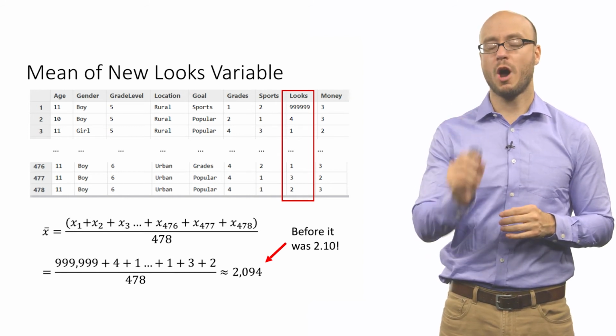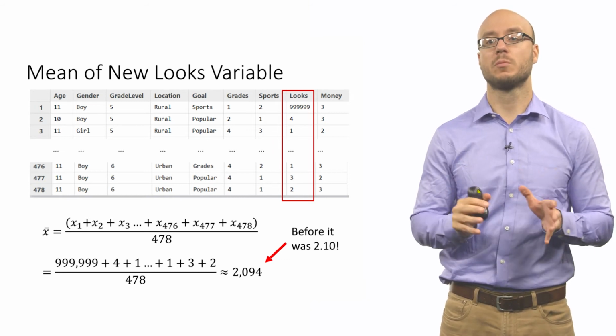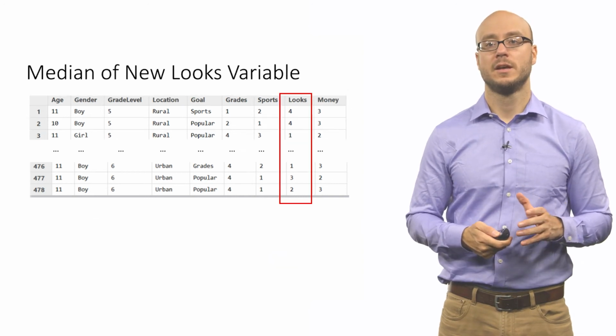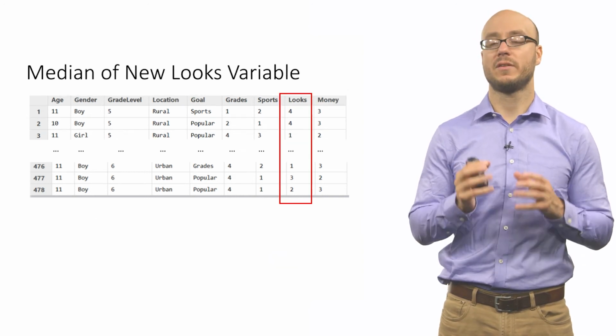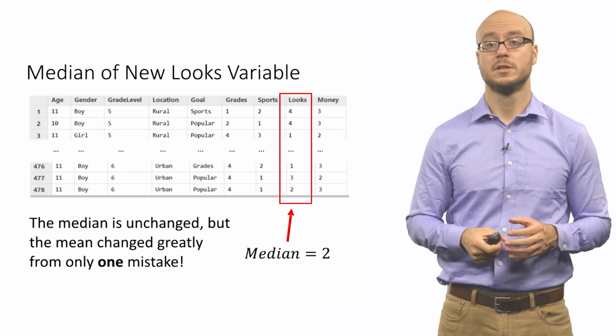But just changing one of those data points inflates the mean enormously from 2 to roughly 2,000. But what happens if we calculate the median, or the 50th percentile, of this looks variable? Well, the median is 2. So the median is unchanged. And the important point here is that the mean changed, but the median did not. And that's because the median is robust to outlying values or extreme values.